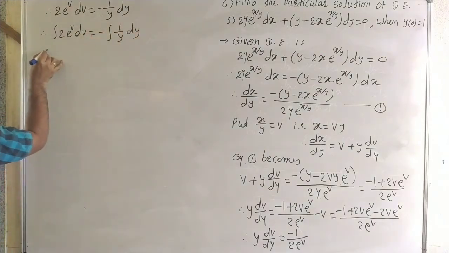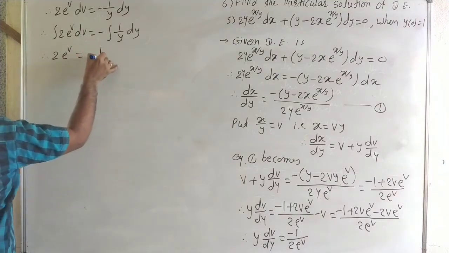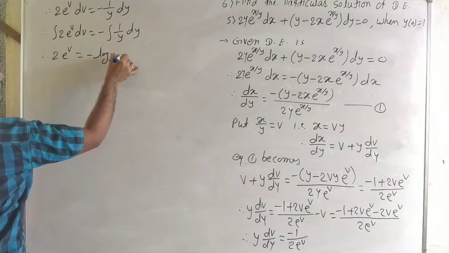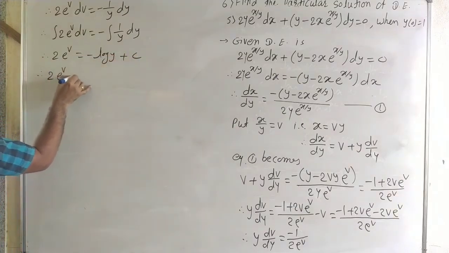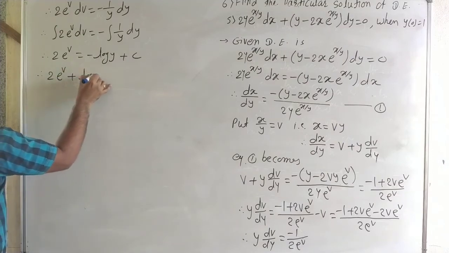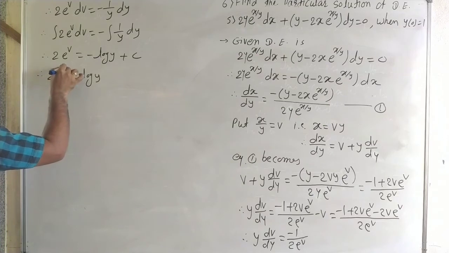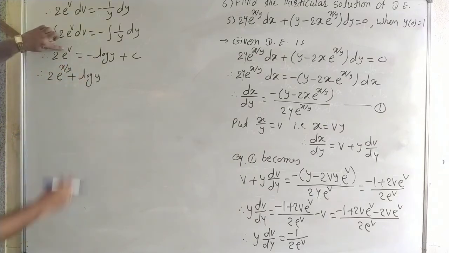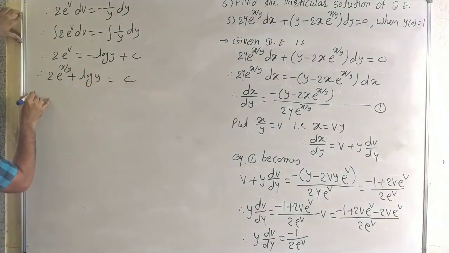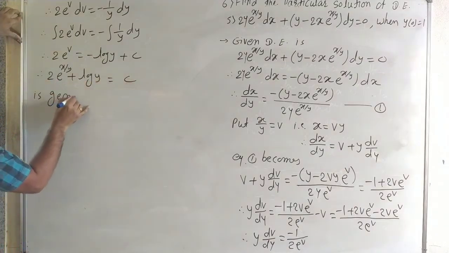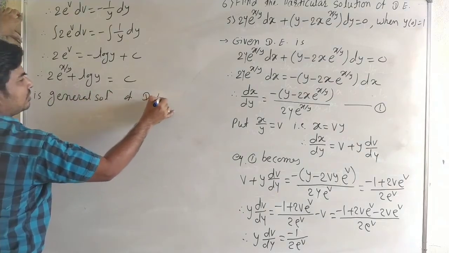Then integral 2 e raised to v is equal to minus log y plus c. Okay. And therefore 2 e raised to v plus log y. Here we can put the value of v, that is x by y, is equal to c. This is the general solution of the given differential equation.